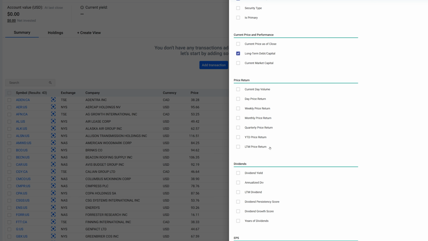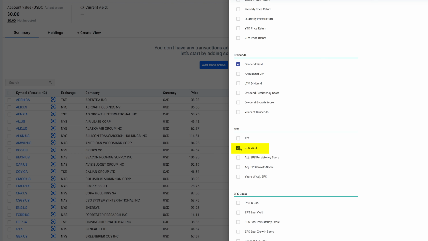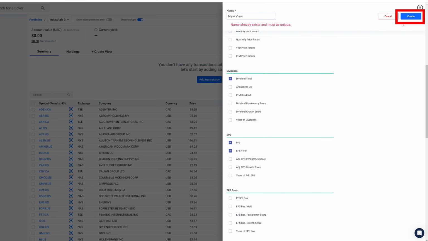I'm not really concerned with price return at this point, but I do want to see what the dividend yield was, and I do want to see what the earnings yield was, and I do want to see what the PE is. Okay, so I'm just going to basically create this screen, and now I'm going to call it Industrials 3 because that's the name of my screen, and then I'm just going to create the view.